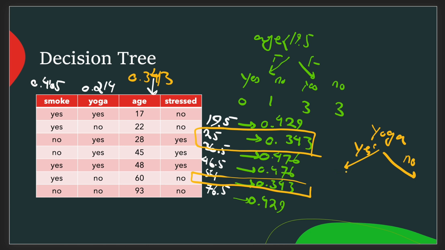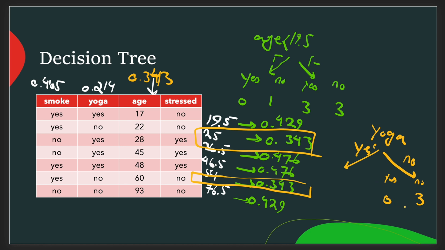If they do not do yoga, and they're not stressed, and we go yes and no here, we get 3 and 0. So it's 100% accuracy in here.